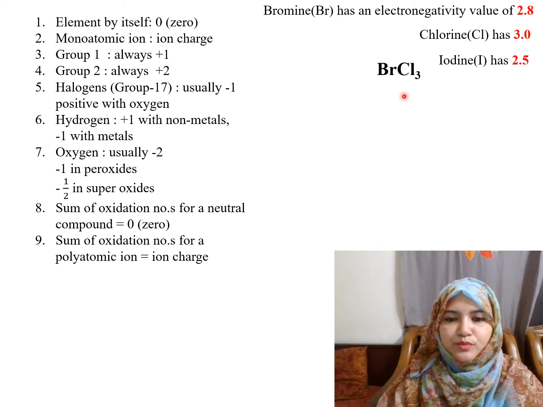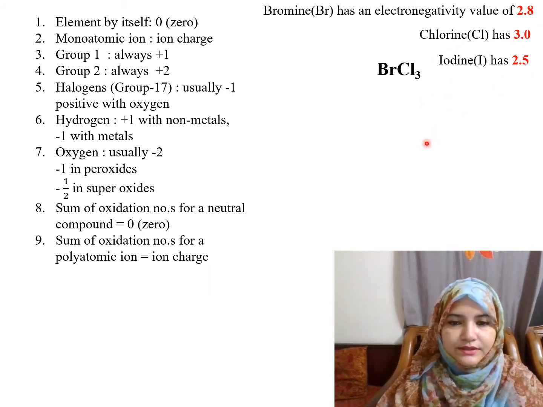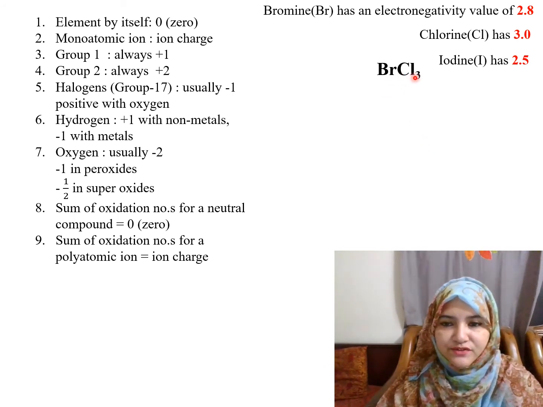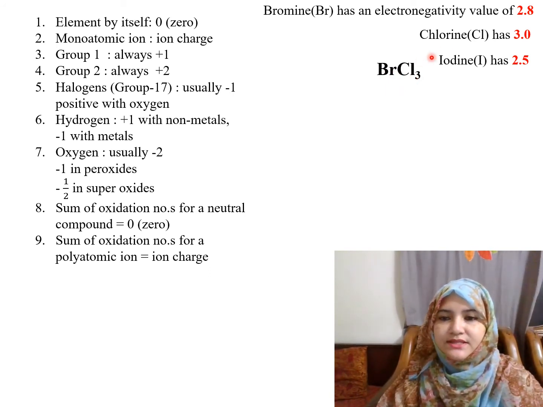Keep in mind bromine has an electronegativity value of 2.8, chlorine has 3, and iodine has 2.5. In this example, chlorine bears a partial negative charge and bromine is partially positive, because bromine is less electronegative than chlorine.